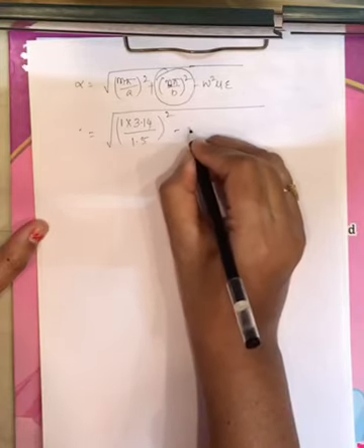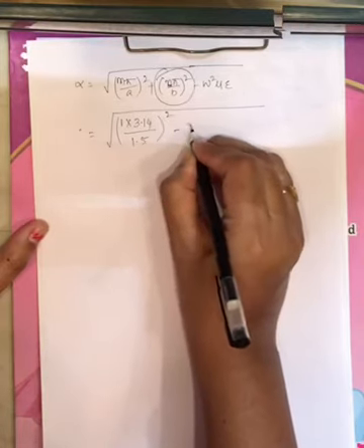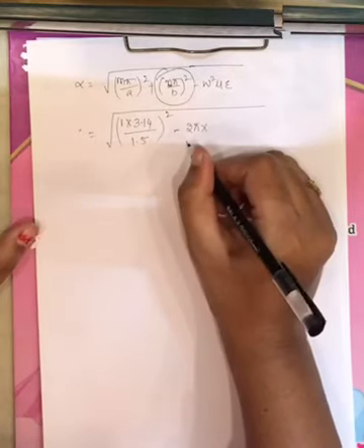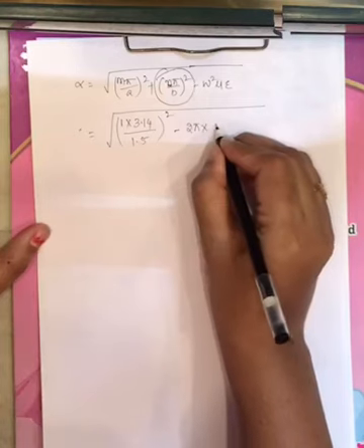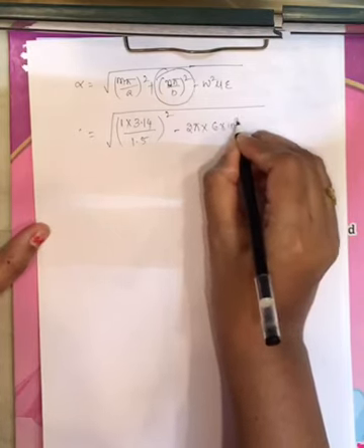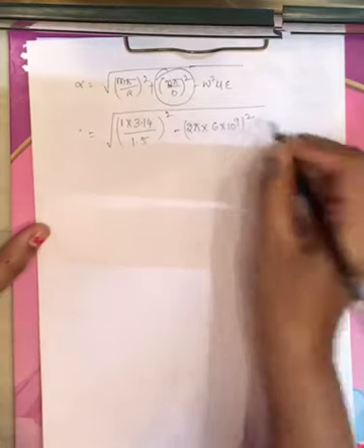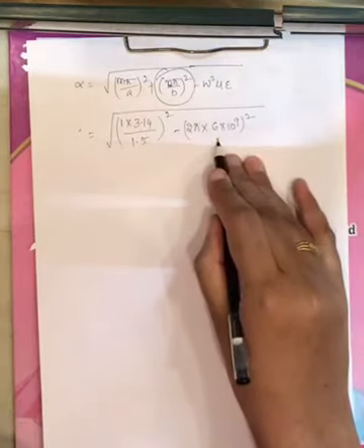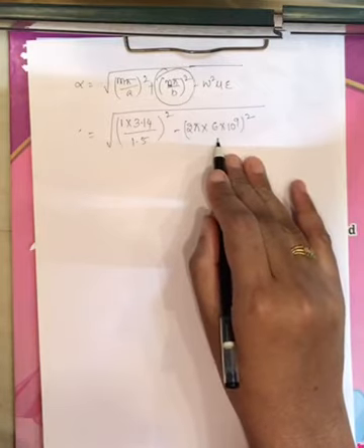Now omega is nothing but 2 pi f, right? Now f is nothing but operating frequency, that is mentioned in the problem, 6 gigahertz, 6 into 10 power 9, whole square. This is omega square, that is 2 pi into f, operating frequency mentioned in the problem, 6 gigahertz.